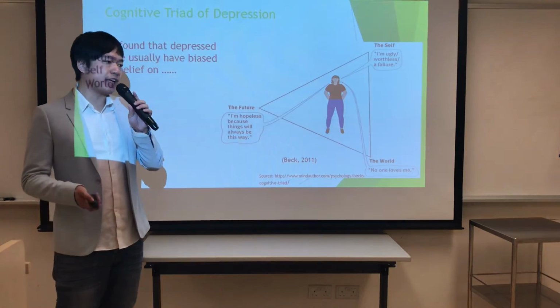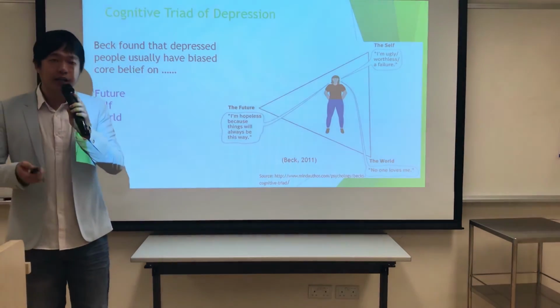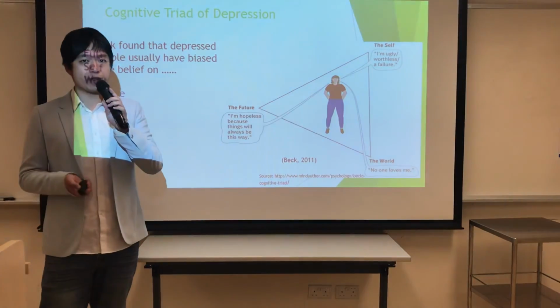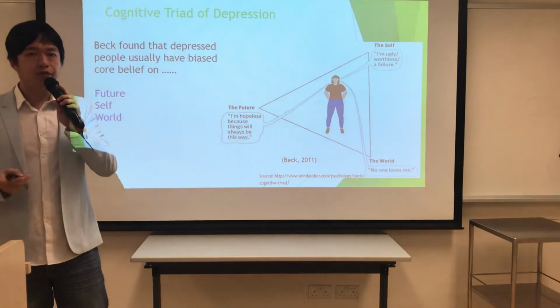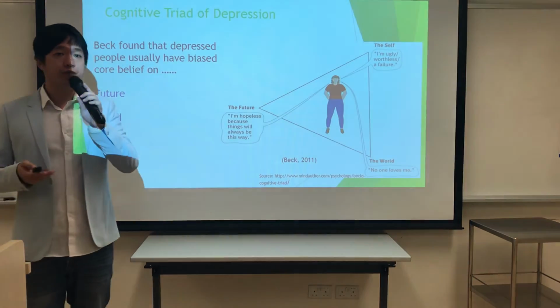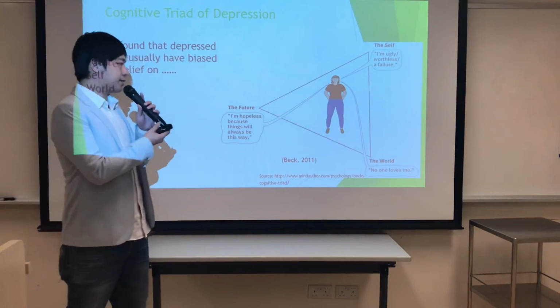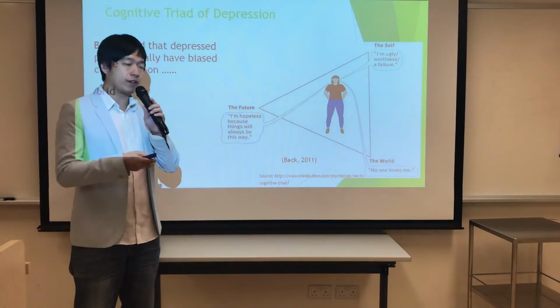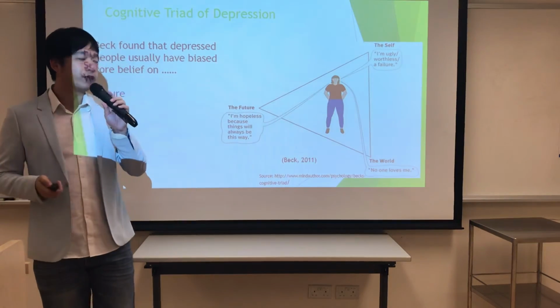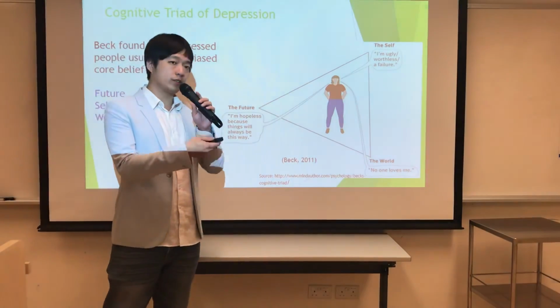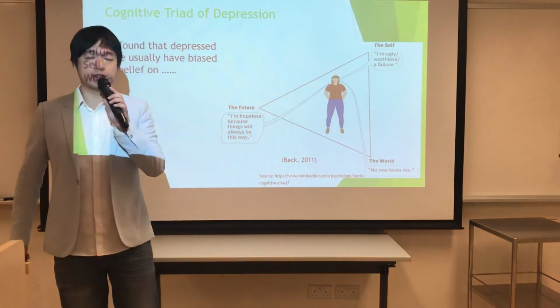One of the most famous cognitive therapists identified that people with depression usually demonstrate three major kinds of distorted belief. He found that people have distorted perceptions or beliefs about the future, distorted thinking about the world, and distorted thinking about the self.